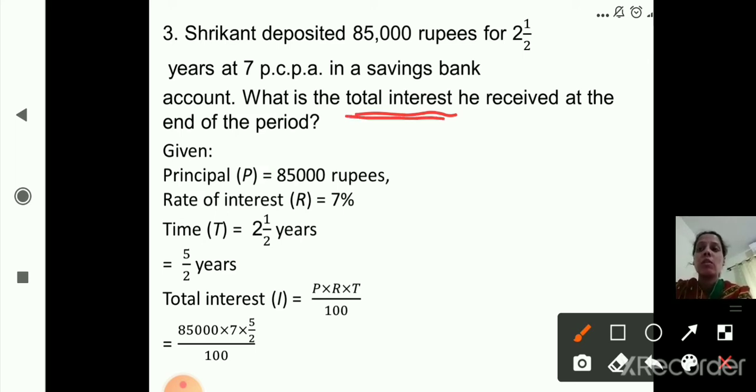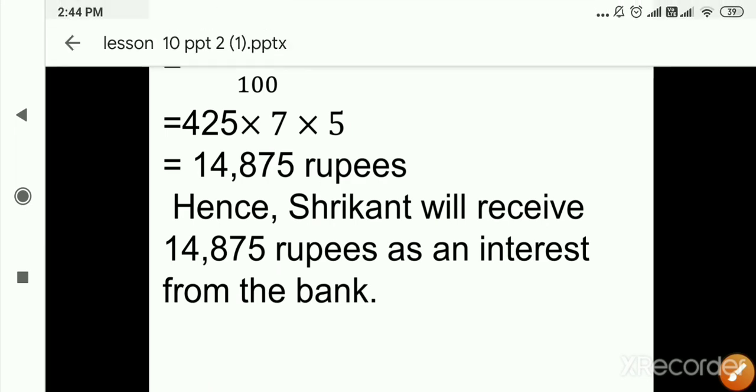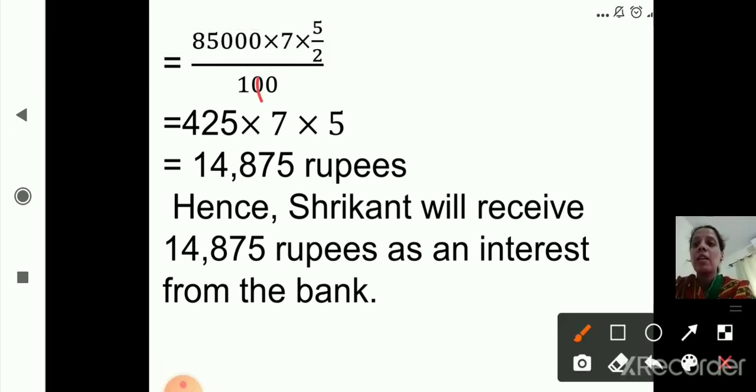Once again we will see, principal is given 85,000 rupees, rate of interest is 7%, and time period is given 2.5 years. That is a mixed fraction, which we convert into a simple fraction, so we got 5/2 years. So P is 85,000, R is 7, and T is 5/2 upon 100. After putting the values in the formula, 2 zeros will get cancelled.